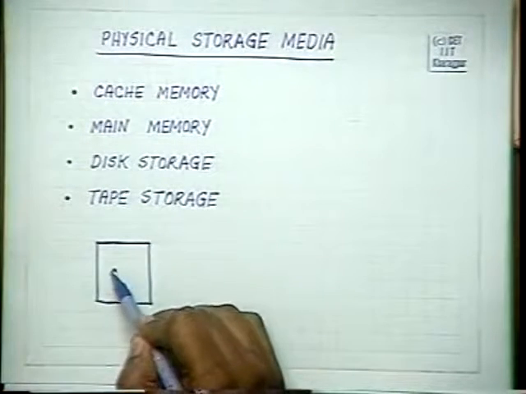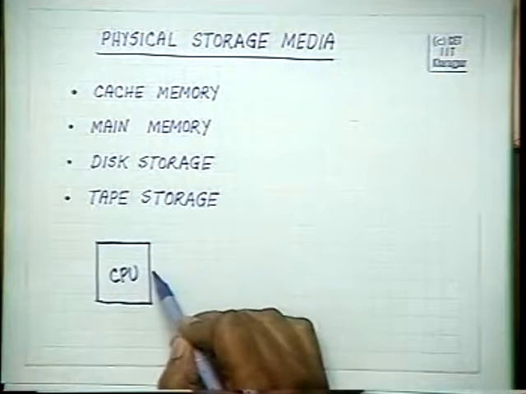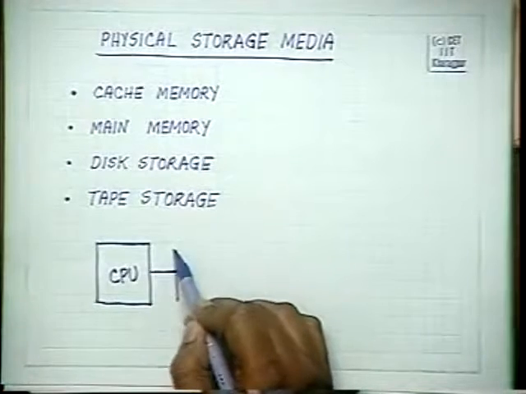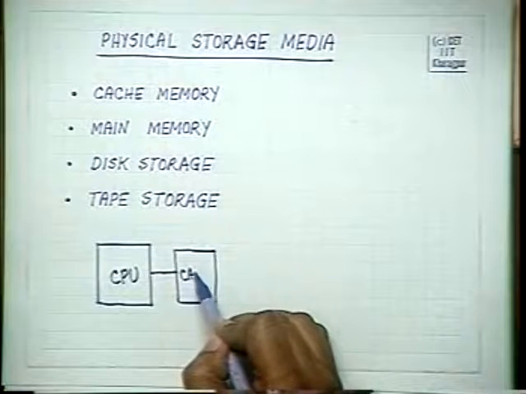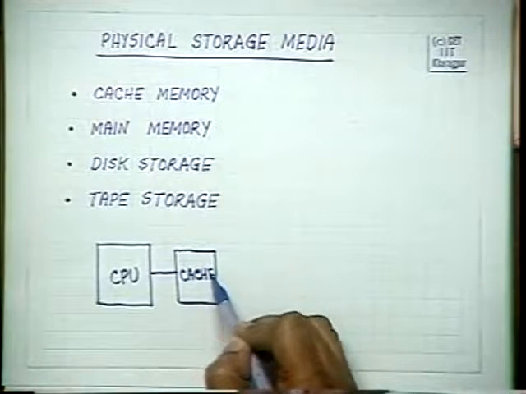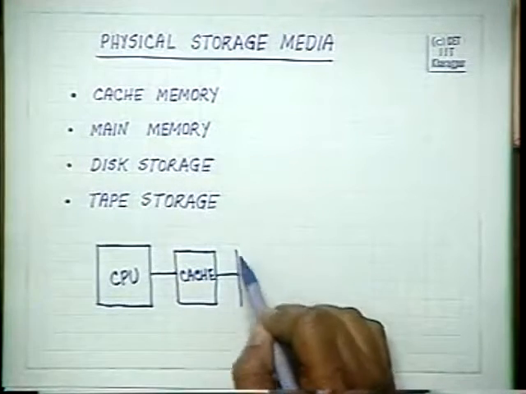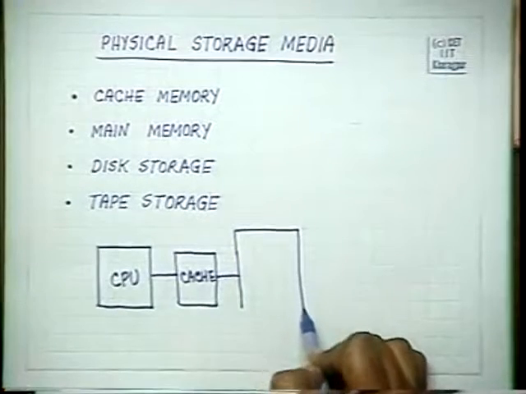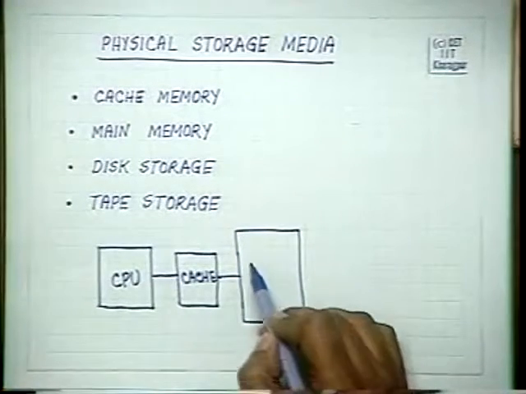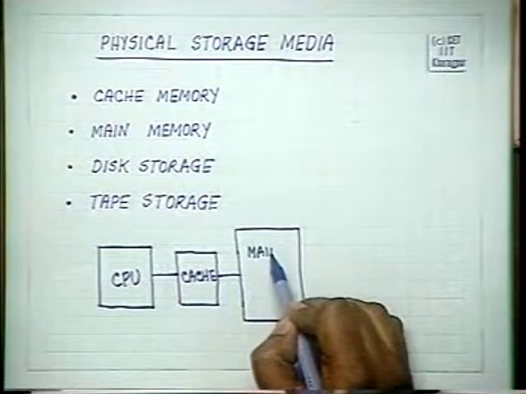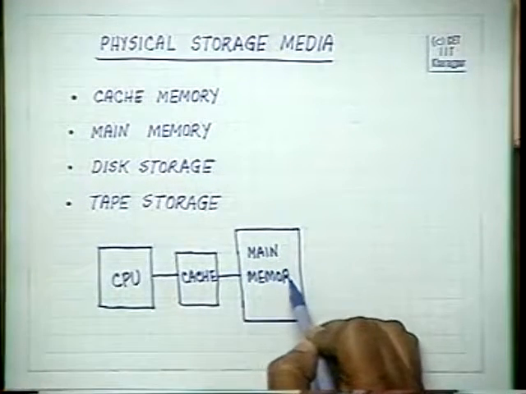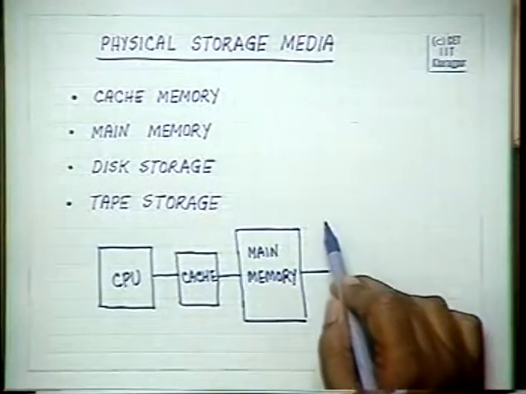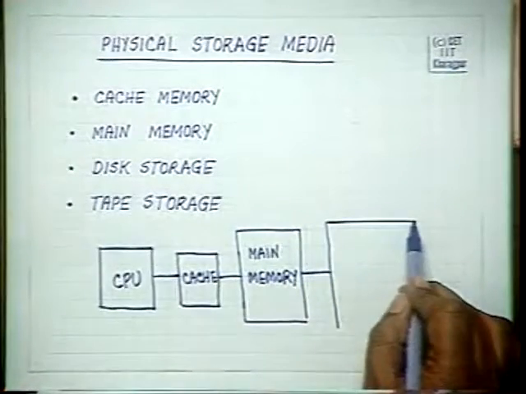This is the CPU, and connected to the CPU in the logical form is the cache memory. Then we have got what is called the main store or the main memory, which is in turn connected to the secondary memory.